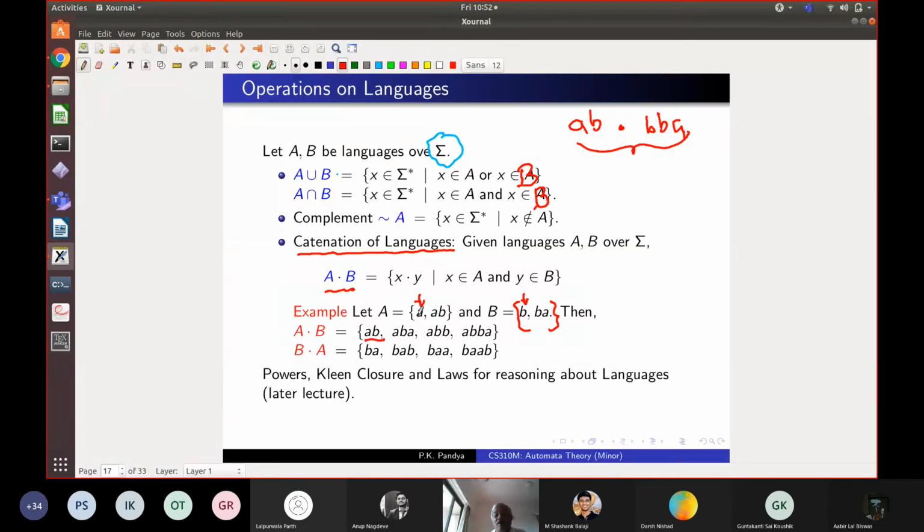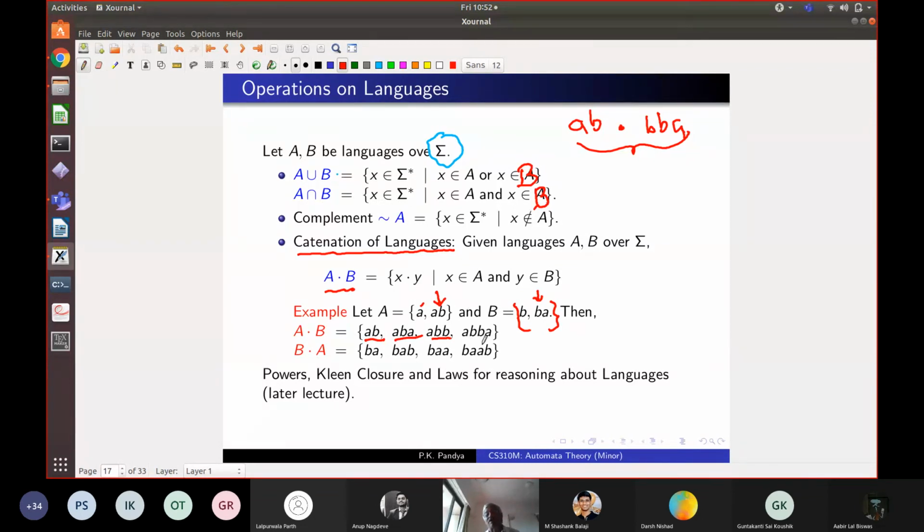Then I pick up one word from A, which is a, and I pick up some other word from B, which is ba. I join these two and I get the word aba. So you see how I got two different words. Next, I choose the word ab from A, and I catenate it with one word from B, which is b. So I get abb, right? And then I pick up this word from A, catenate it with ba from B, and I get the word abba, right?